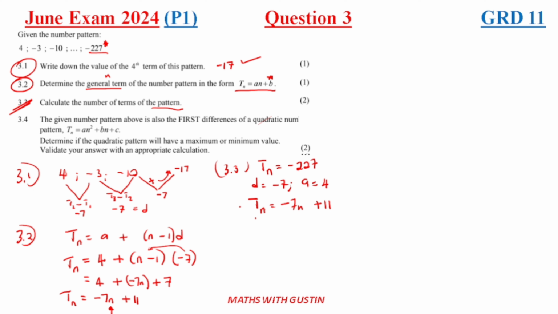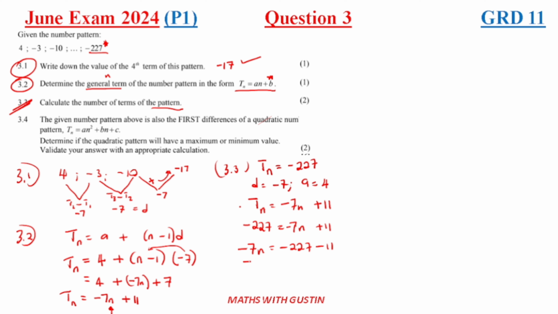Great stuff. So now we have got negative 2 to 7 here, negative 7 there, negative 7n plus 11. Then we're going to take 11 to the other side, negative 7n equals negative 2 to 7 minus 11. Therefore you are going to simplify this.